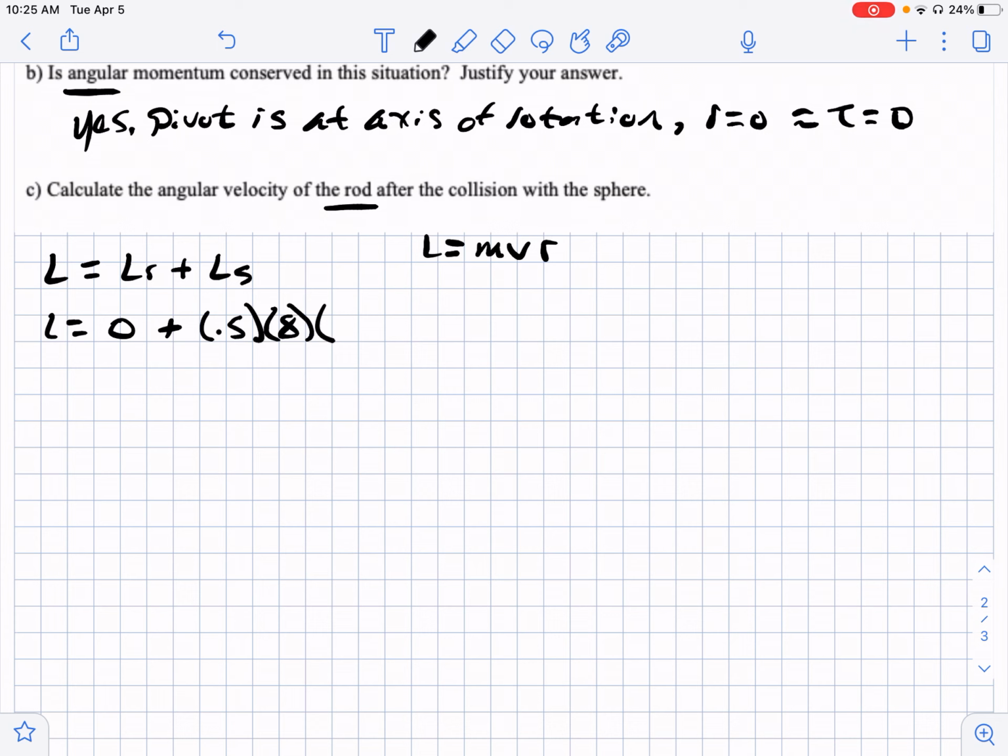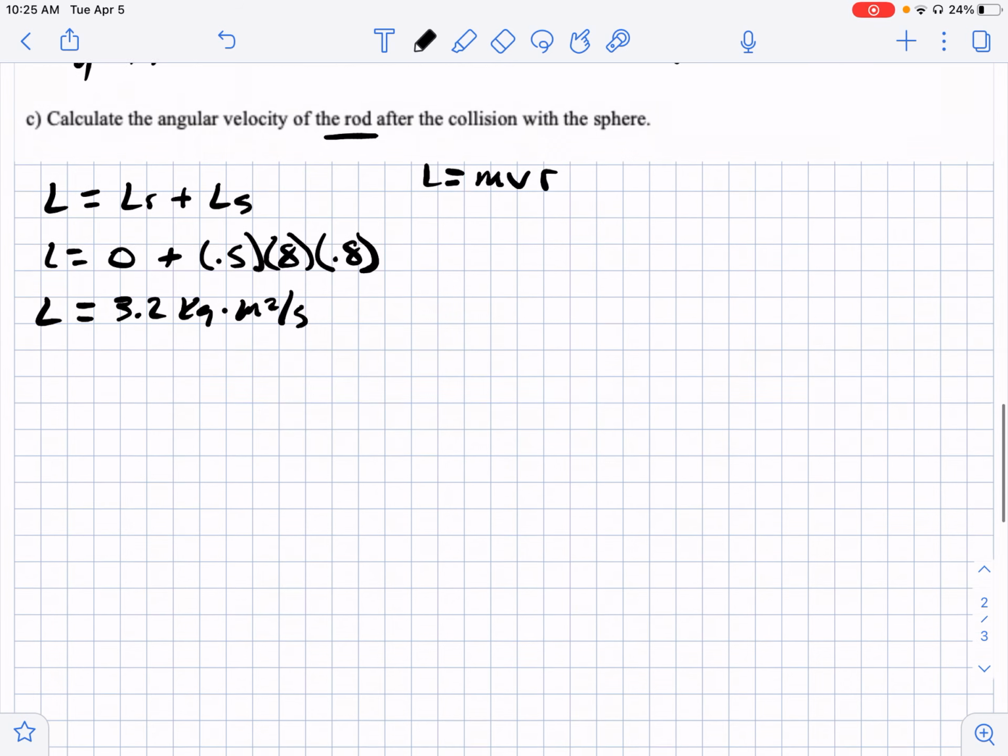And then that moment arm there is equal to 0.8 meters. So the angular momentum of the system before is going to equal 3.2 kilograms times meters squared per second. So that's the angular momentum of the system before the collision.